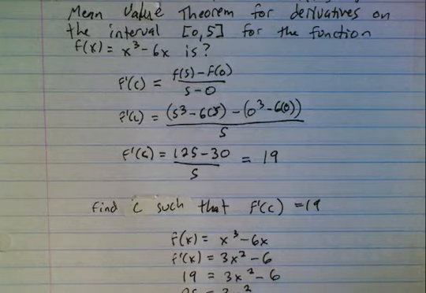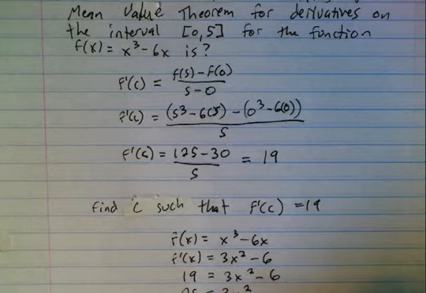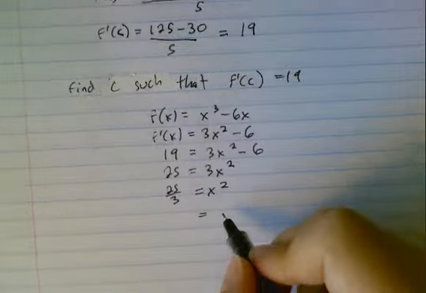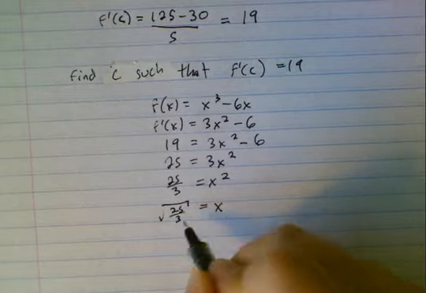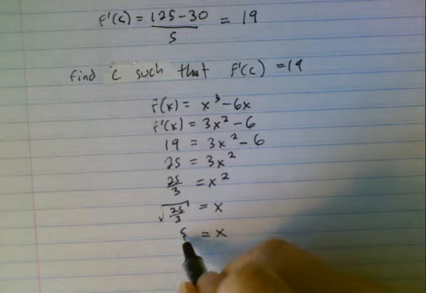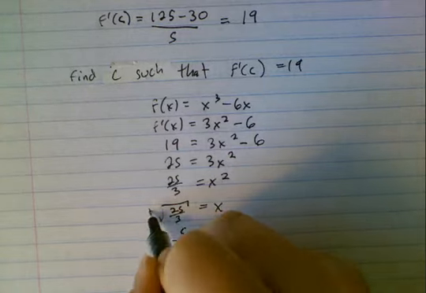Divide both sides by 3. x equals the square root of 25/3, or 5 over root 3. This is plus or minus.